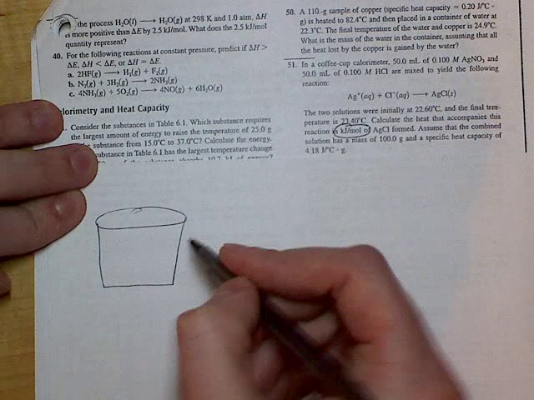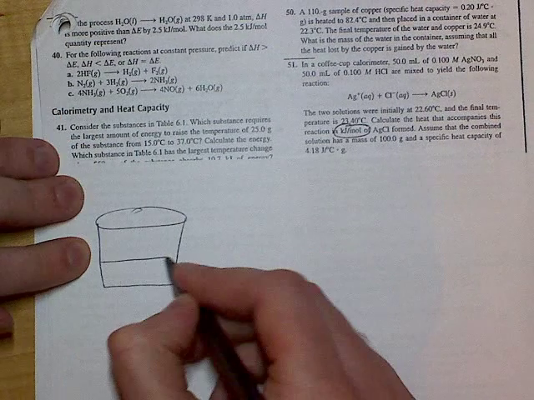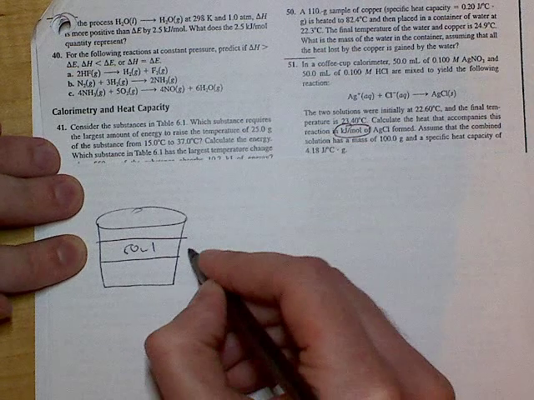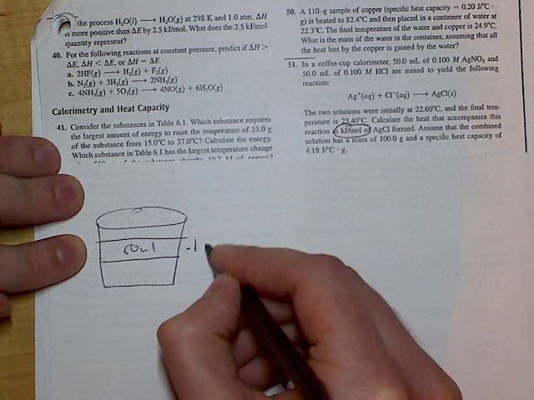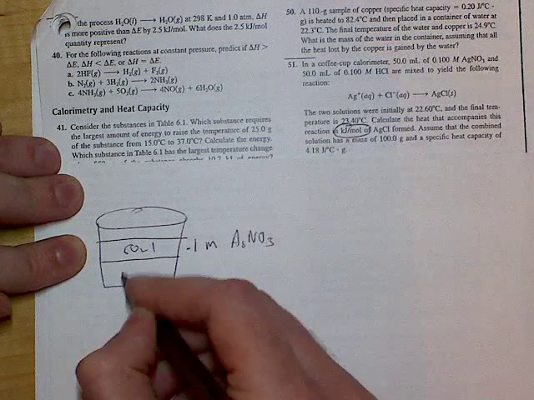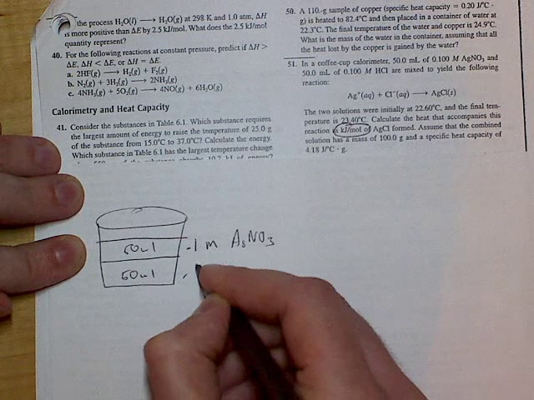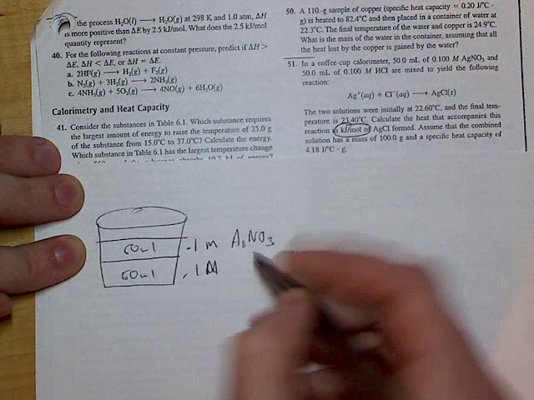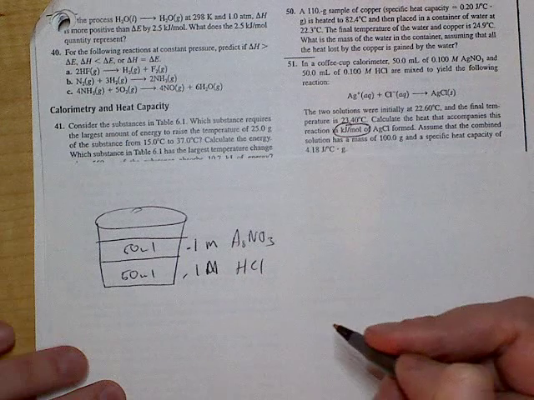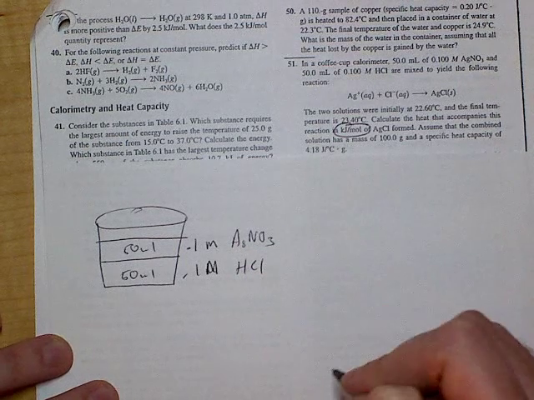So in our coffee cup calorimeter, we have two things that get put together. We get 50 mLs of the 0.1 molar AgNO3, and then we have 50 mLs of the 0.1 molar, and that should be big M, HCl. Okay, so we are basically doing a precipitate reaction.